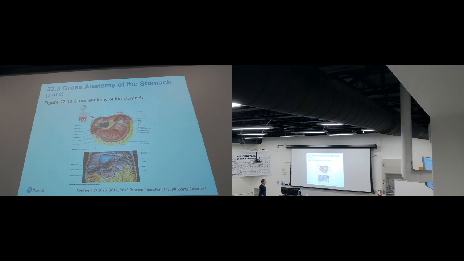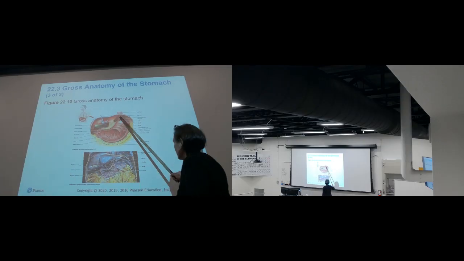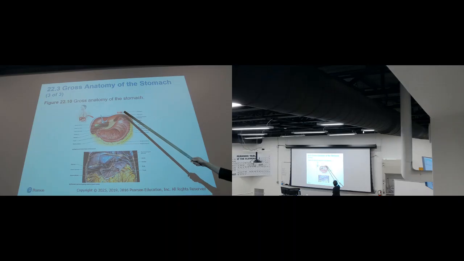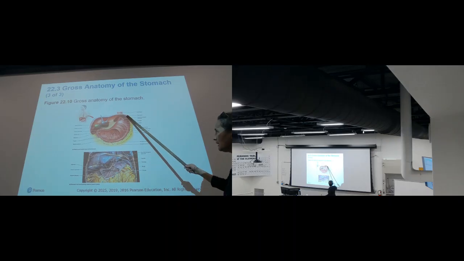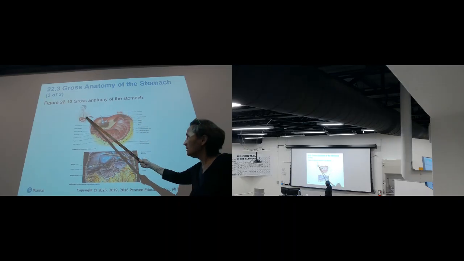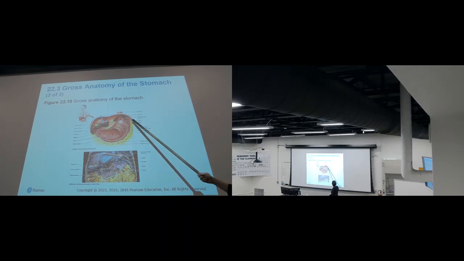Now, the stomach has a J shape, well, no, actually it's not inverted. It has a J shape that is located in the upper left quadrant of the abdominal cavity. And the stomach is subdivided into major regions.